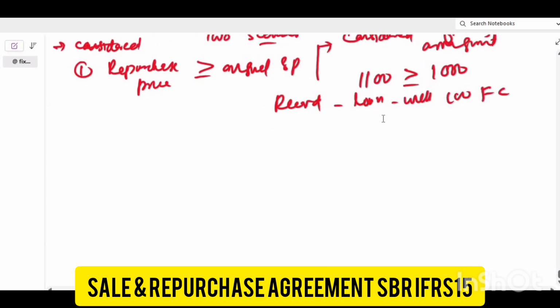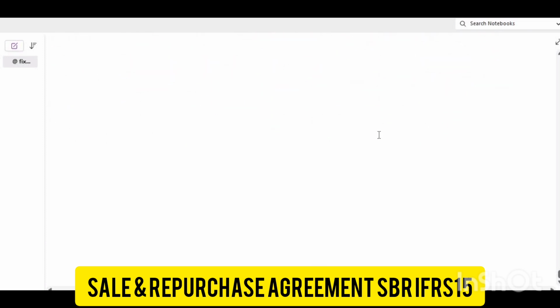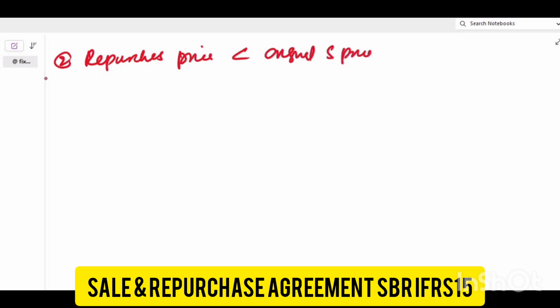Now the second scenario is if the repurchase price is less than the original selling price, then what you will do? Then you will have to treat the transaction as a lease, and you know that we are dealing with leases under IFRS 16.